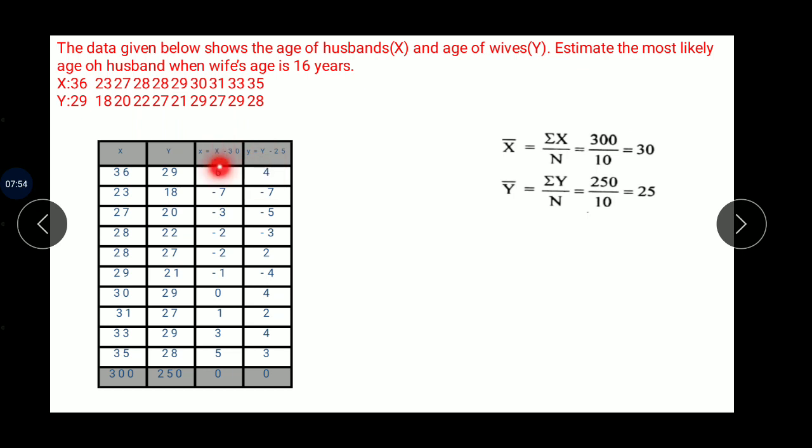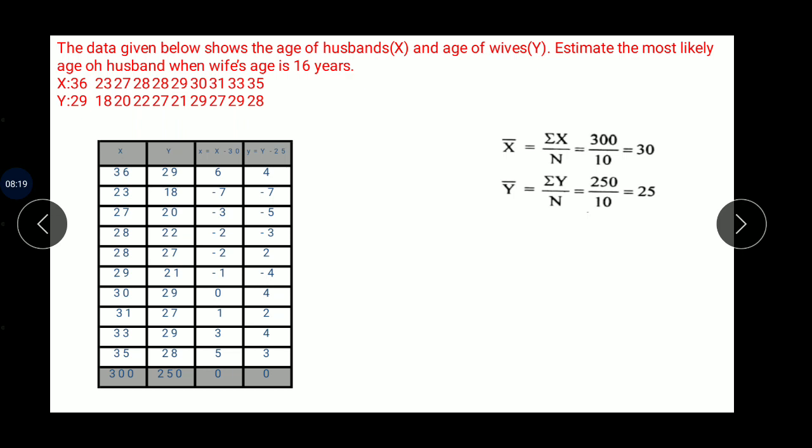So here we'll take deviation from x bar, which is 30. We'll subtract 30 from each term of the x series. So 36 minus 30 is 6, 23 minus 30 is minus 7, 27 minus 30 is minus 3, 28 minus 30 is minus 2, and so on for all the other terms, and its sum will come out to be 0. Similarly we will do for y.